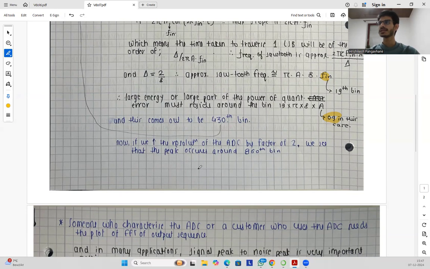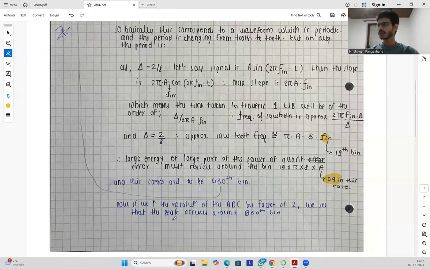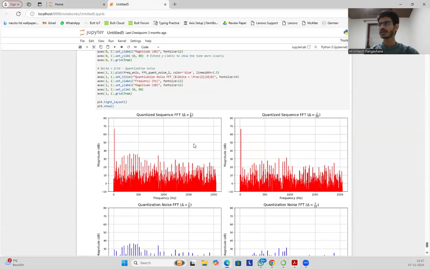If we increase the resolution of the ADC by one bit, going from 3-bit to 4-bit, the peak occurs around twice the 430th bin. Yes, when we see here, it is somewhere around 860, 900.